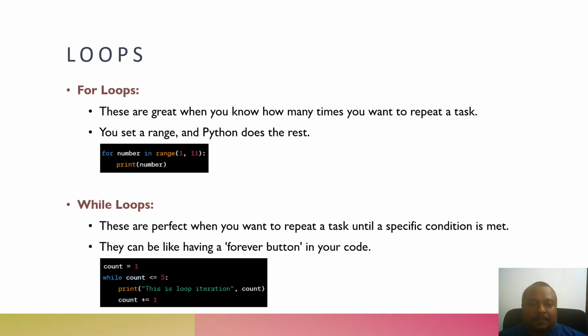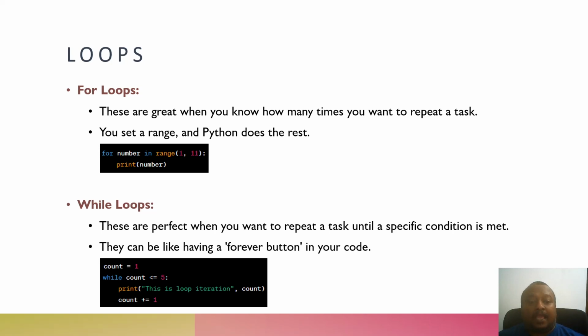In this example, we use a for loop to write numbers between 1 and 11. The next type of loop is the while loop. These are perfect when you want to repeat tasks until a specific condition is met.